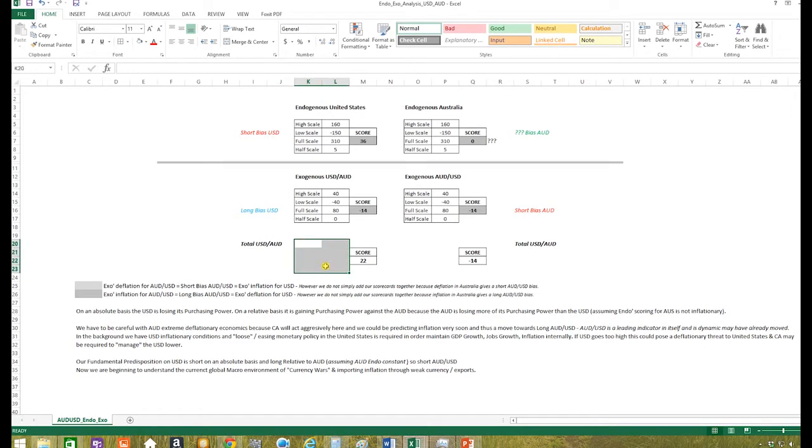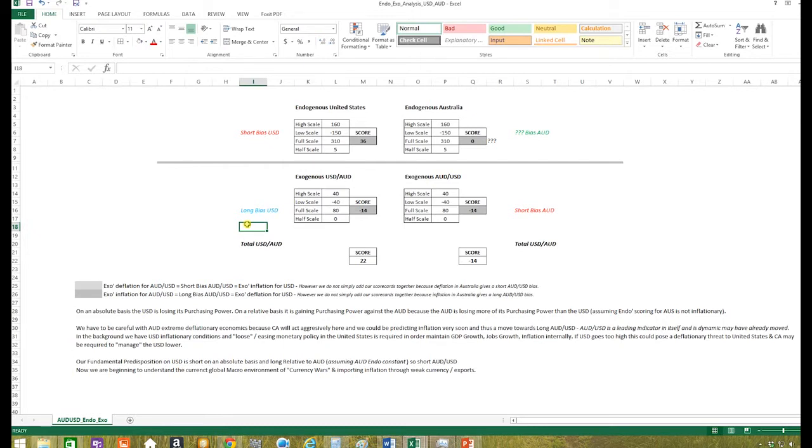What we do is we actually look academically at a scorecard system where we have an endogenous short bias in the US dollar, and if we have a default long bias, this is actually taking away from the overall short bias when we compare the United States economy through the dynamic relativity principle to the Australian dollar.